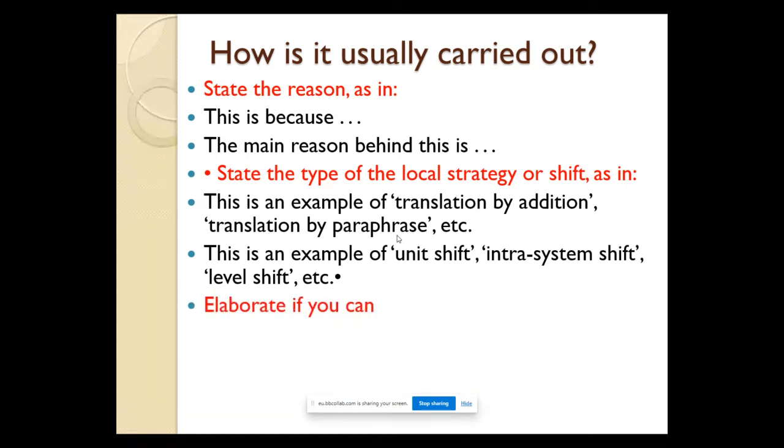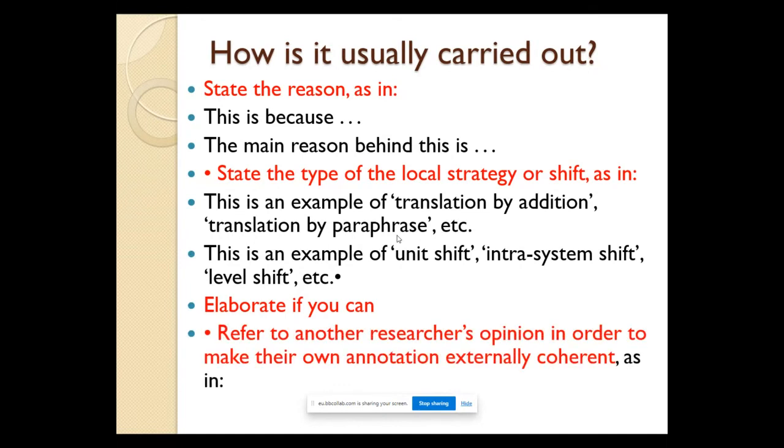Elaborate if you can. If you think you have the ability to elaborate, that would be excellent. So refer to another researcher's opinion in order to make your annotation externally coherent. As in, for example, you would say, in this regard, Dickens et al., 2002, page 59, state that, blah, blah, blah.